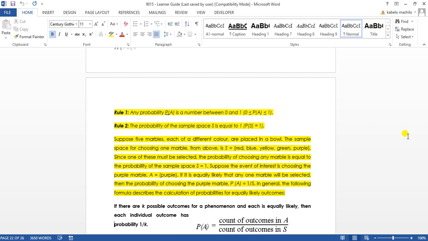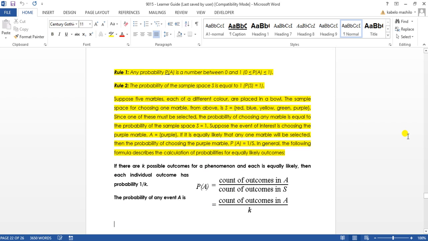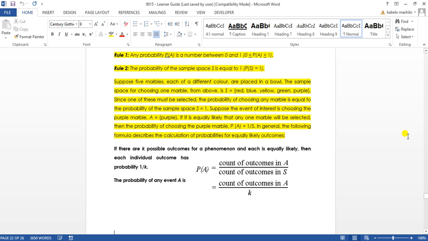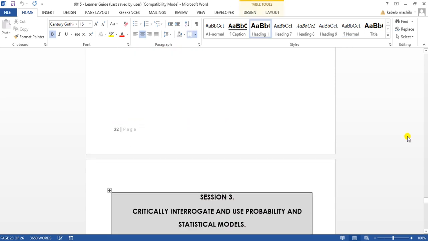If it is equally likely that any one marble will be selected, then the probability of choosing the purple marble is 1 over 5. In general, the following formula describes the calculation of probabilities for equally likely outcomes. So for probability, this is just a formula for the above.